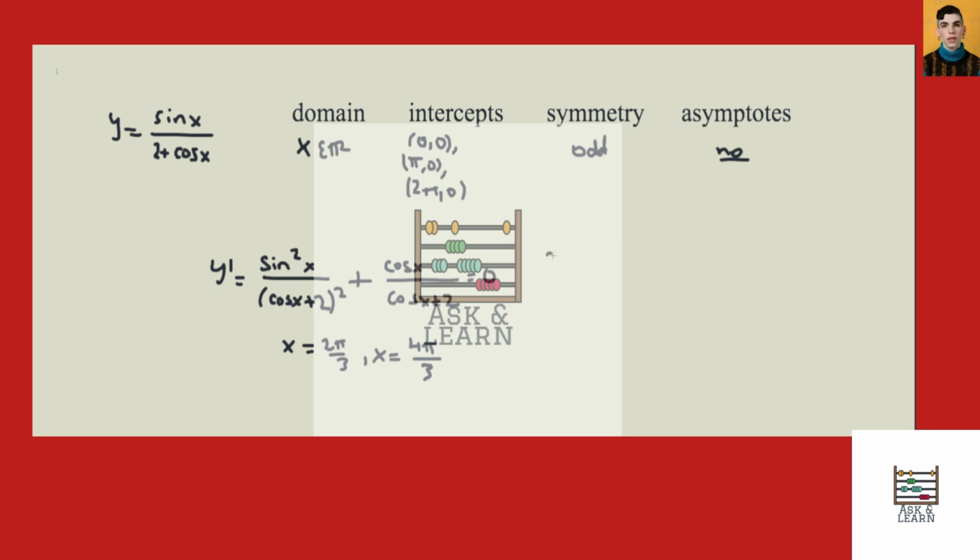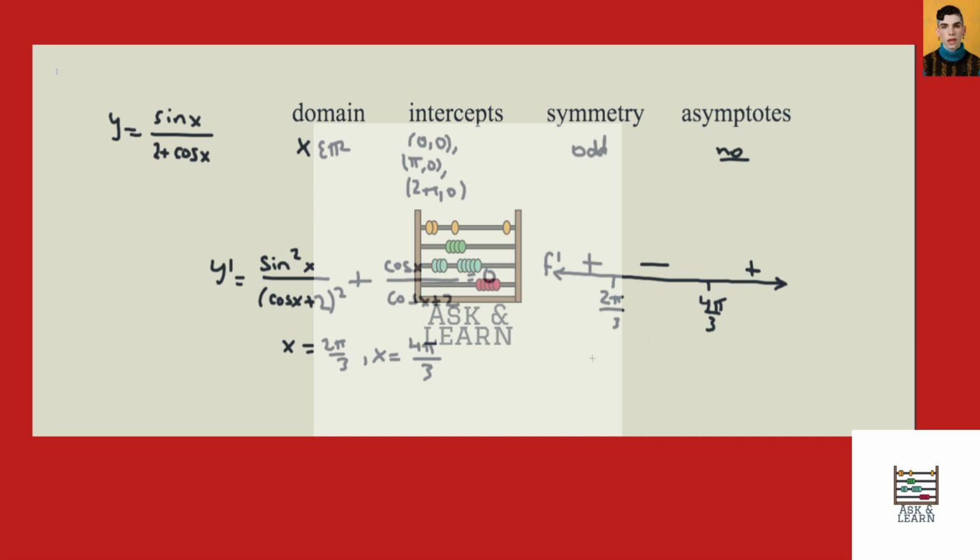Okay, so first derivative test. Let's put 2 pi over 3 here and 4 pi over 3 here. It's going to be increasing here. Between these two values, it will decrease, and then it will increase from then on.